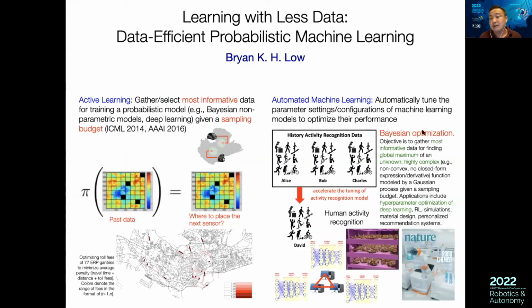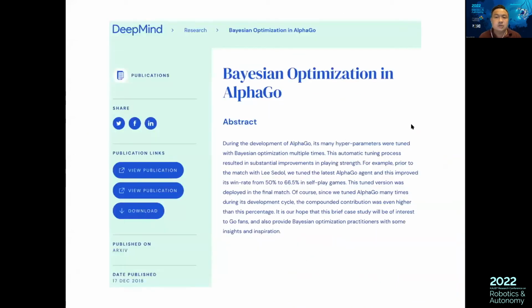Instead, I'll be focusing on the topic of Bayesian optimization. It has often been seen in robotics applications. As I mentioned, Bayesian optimization has been popularized by hyperparameter tuning for deep learning, specifically in the instance of AlphaGo. This is where the AlphaGo agent is pitted against a human player.